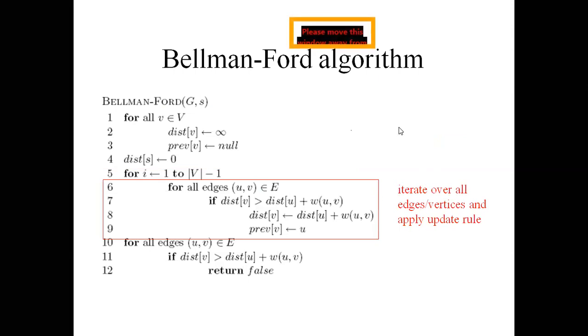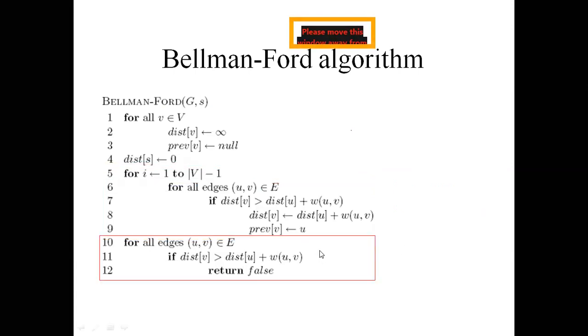So initializing and updations. Updations is also called relaxations. So first we need to initialize, next update, and then check for negative cycles. So what are the three major steps in the Bellman-Ford algorithm? Initialize the vertices, second update all the vertices, third check for negative cycle.